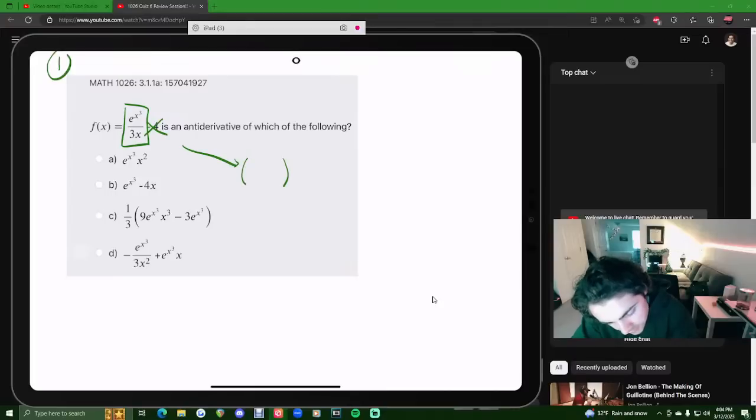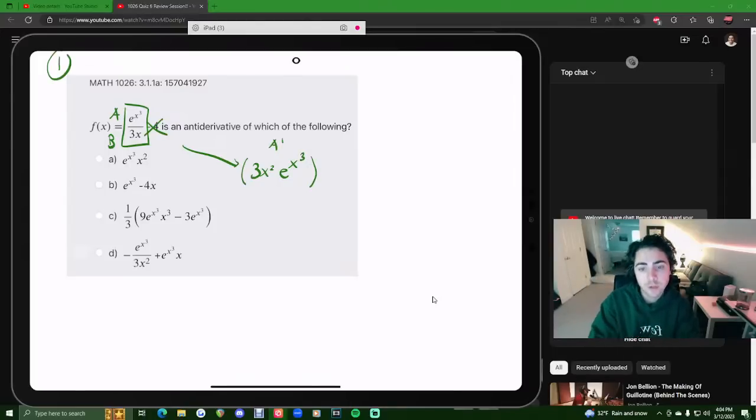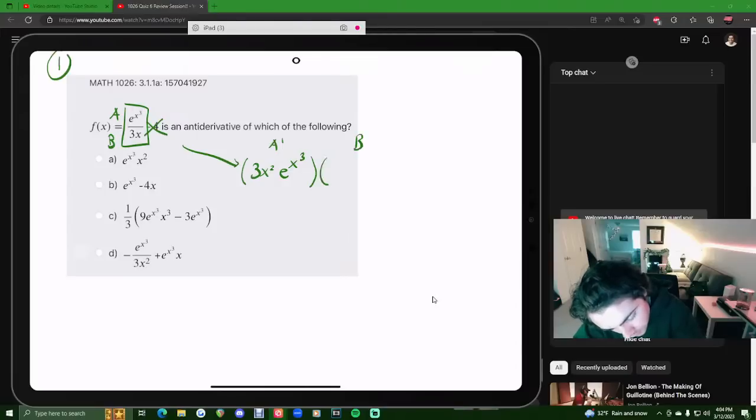So quotient rule is derivative of the top. If we're calling the numerator and denominator a and b, we have a prime first. A prime would be 3x squared times e to the x cubed. That alone, that derivative a prime, used chain rule, so I would recommend reviewing chain rule as well.